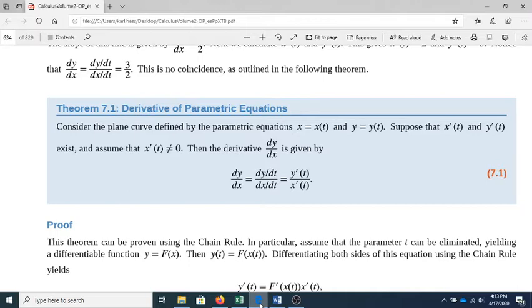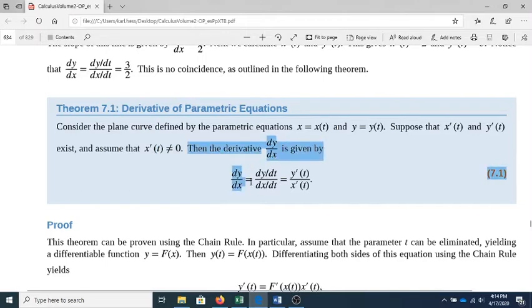Derivative of parametric equations. So consider a plane curve defined by parametric equations where x and y are both given as functions of t. Suppose that the derivatives of those two equations both exist, and this is kind of important, suppose that the derivative of the x one is not 0. Why? Well, because we're going to divide by it.